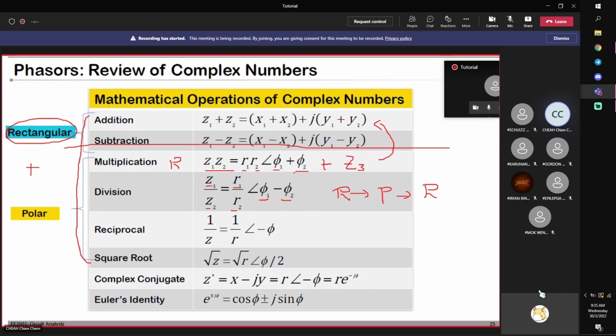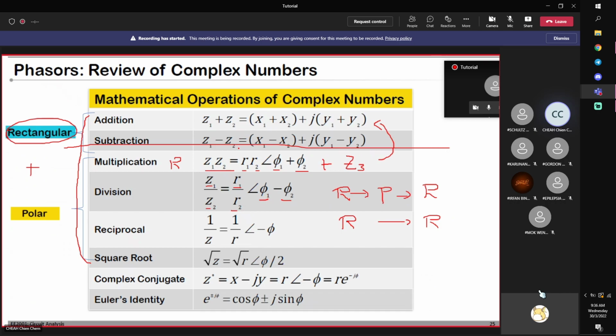No problem. But I've shown you that under these cases, for me, I will operate directly in rectangular form, because you can multiply 2 complex numbers in rectangular form as well. Then I will directly get rectangular form and I will add it up. Then I do not need to convert anything, but you need to be able to multiply and divide in rectangular form as well.